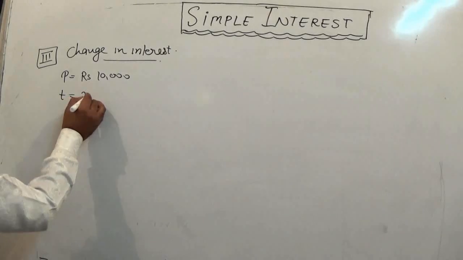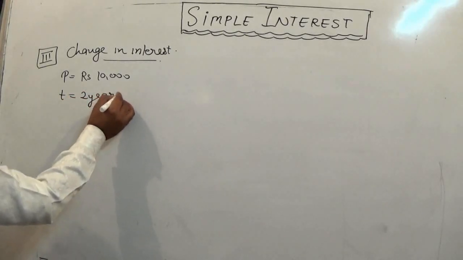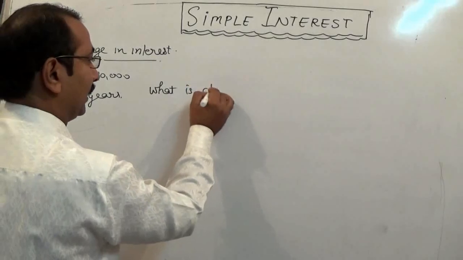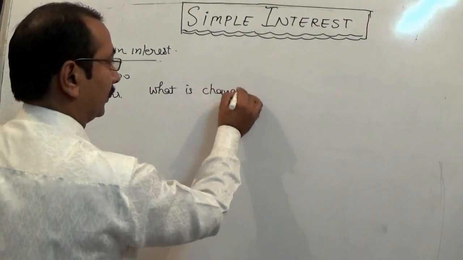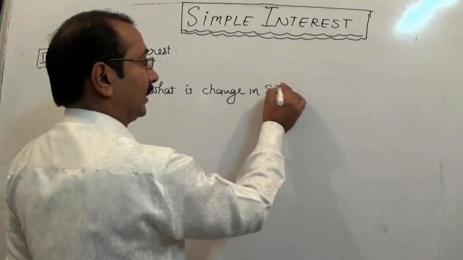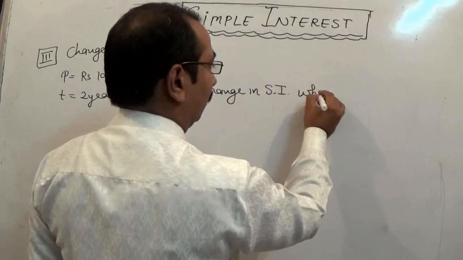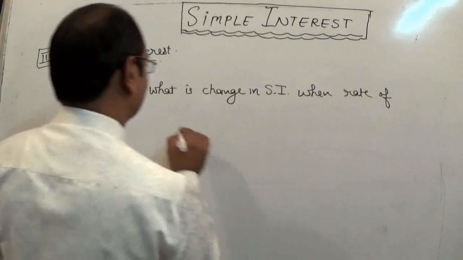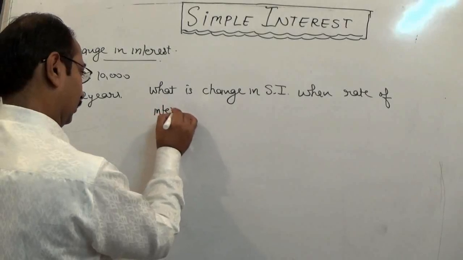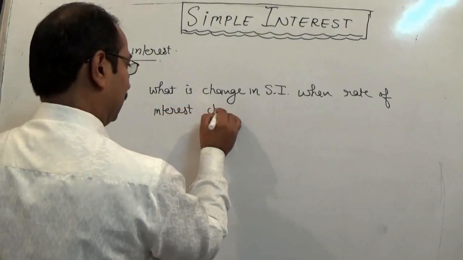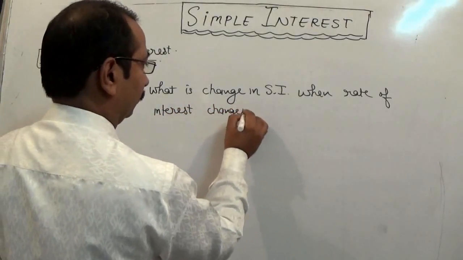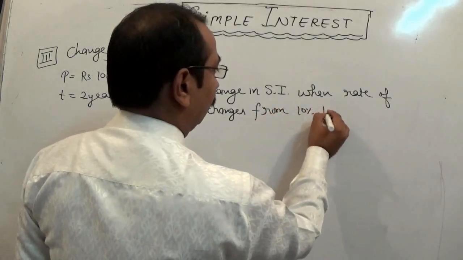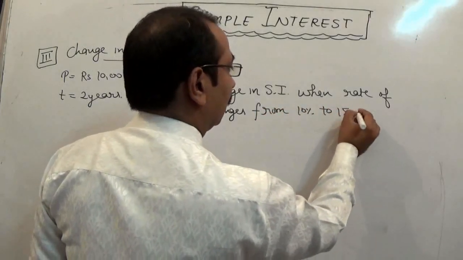Timing is 2 years, and the question is what is the change in simple interest when the rate of interest changes from 10% to 15%?